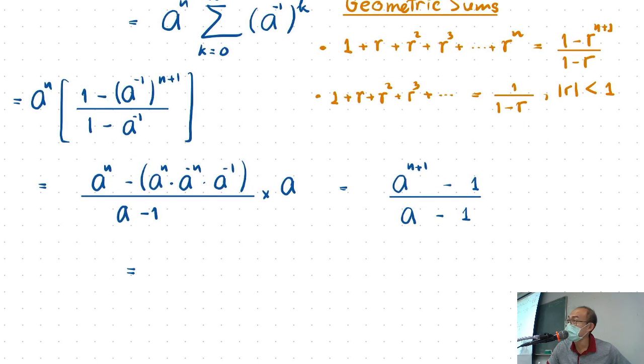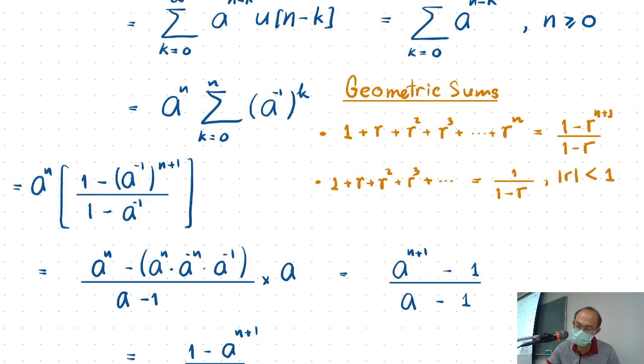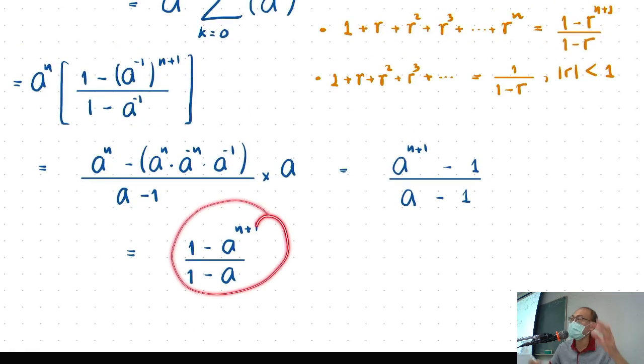And usually a is less than 1, so I think I should switch the terms here. But we have to take into account that n has to be greater than or equal to 0, so the answer would have to be multiplied by u of n.